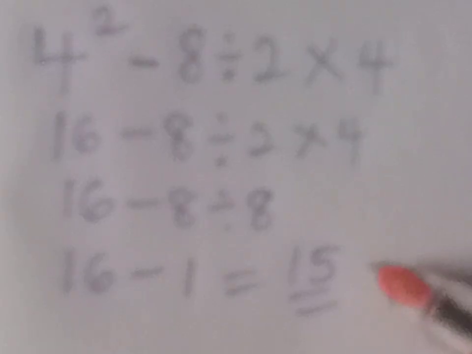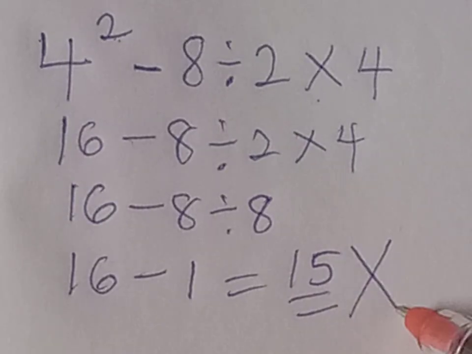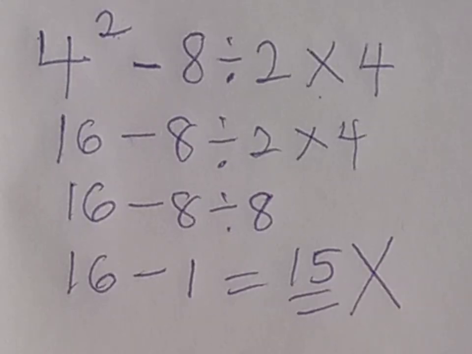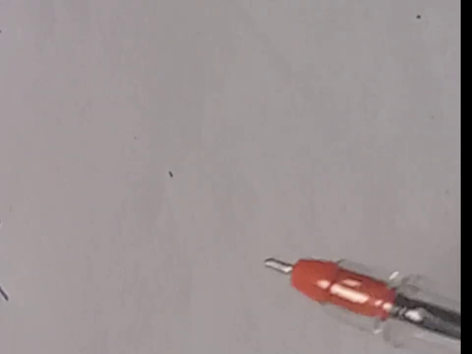This answer is wrong. Why? Because they didn't follow the order of operation. Mathematics needs consistency. That is why mathematicians developed the order of operation. The common version is PEMDAS.